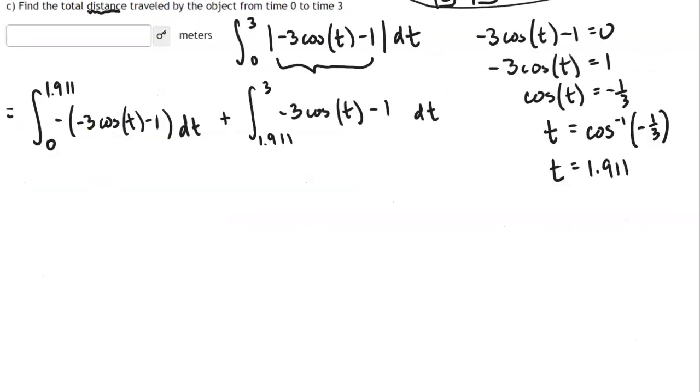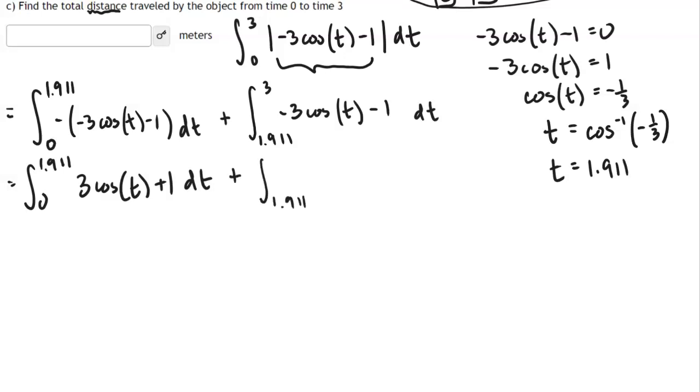So for the first one, I will distribute the minus sign. We're going from 0 to 1.911 of 3 cosine t plus 1. And this one stays the same.